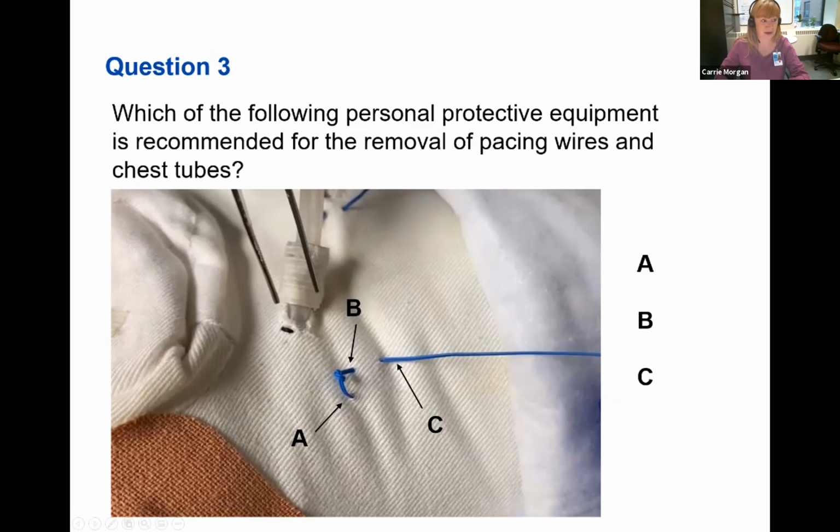In your poll, it's written correctly. It should say, number 3, which is the safest spot to cut the pacing wire in this photo? If you look at this photo, is it spot A right here, B right here, or C? Which is the safest spot to cut your pacing wire?